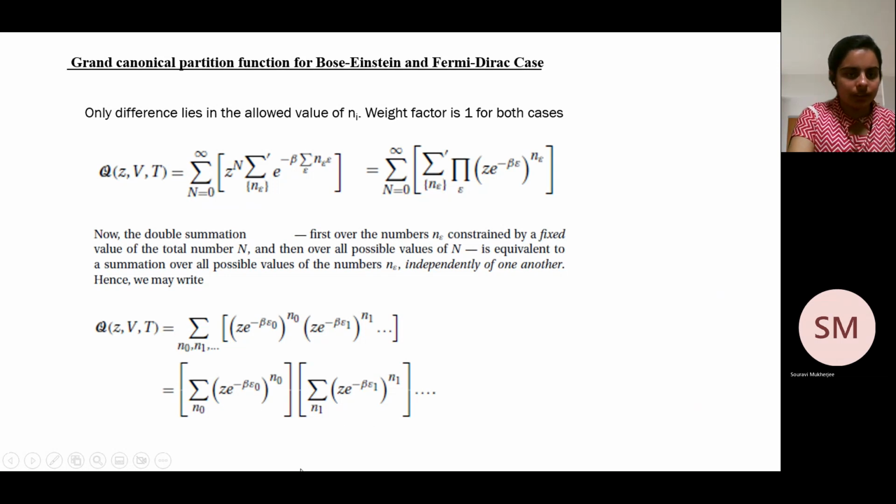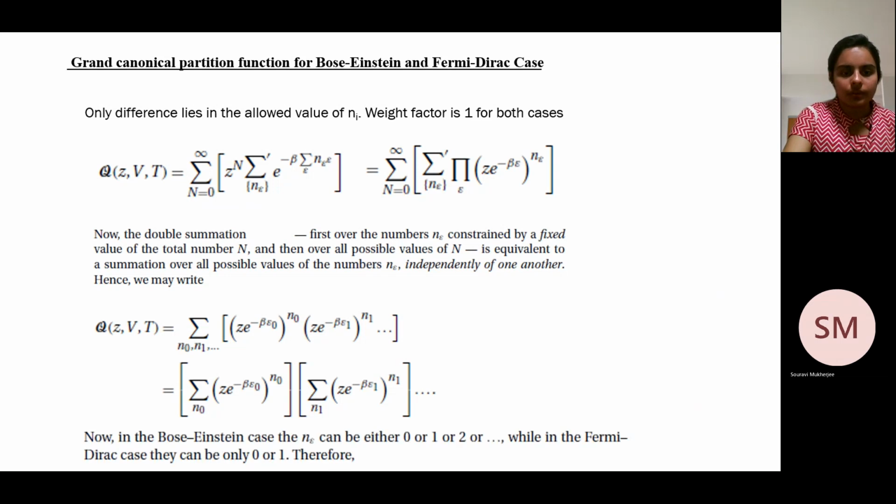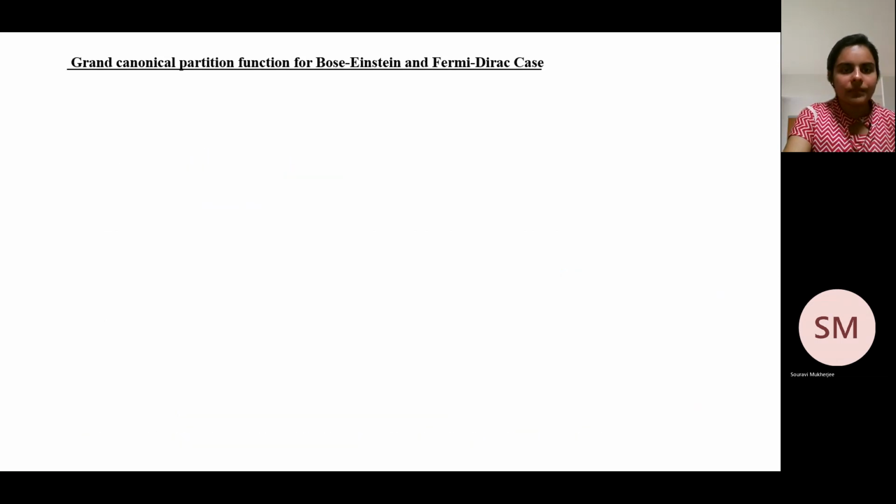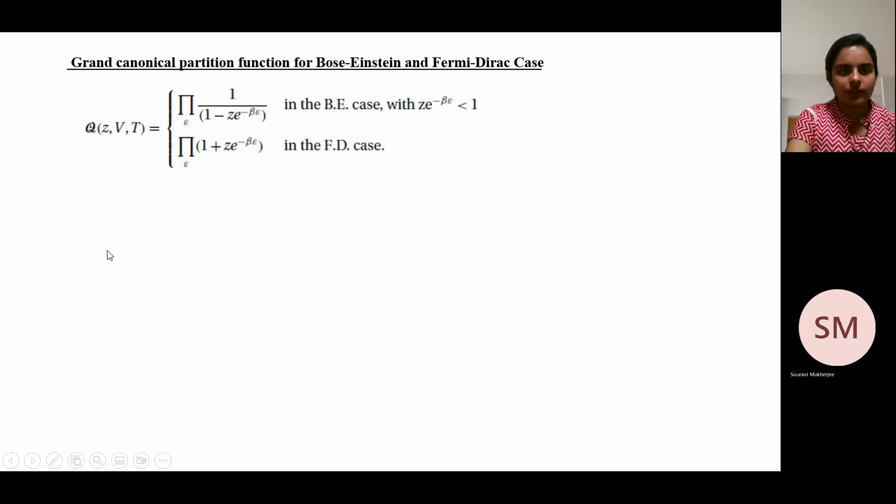Now this is a general case. Depending on whether you have a Bose gas or a Fermi gas, the possible values of each of these N0, N1, N2 will be different. For a Bose gas, you can have any value of Ni, while for a Fermi gas, you just have two values, 0 and 1, right? So if you put those values in, you get this expression for the grand canonical partition function.